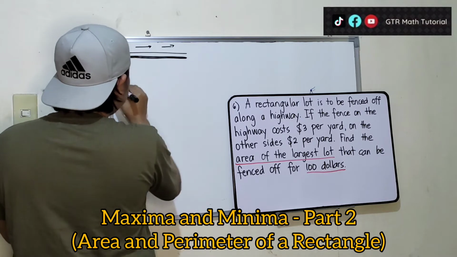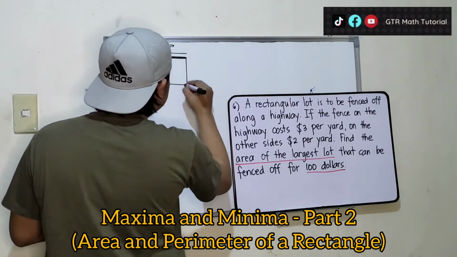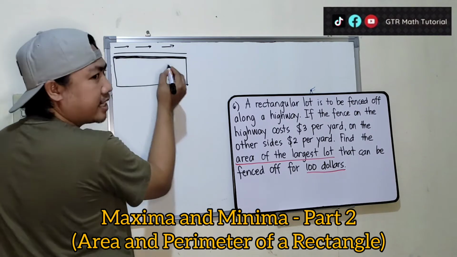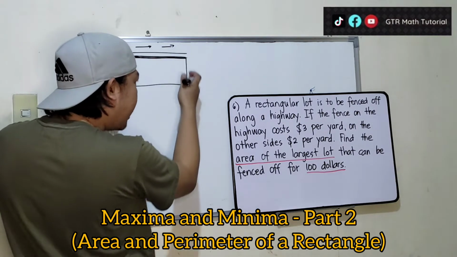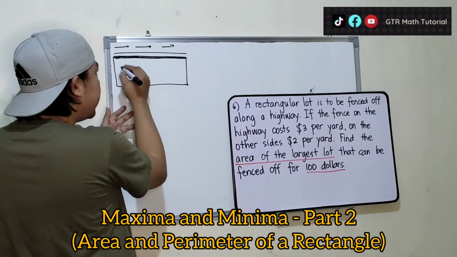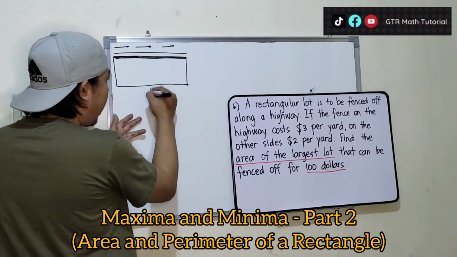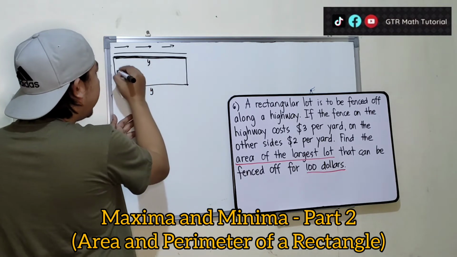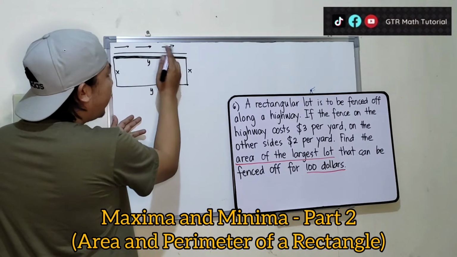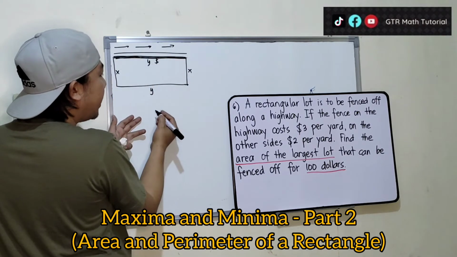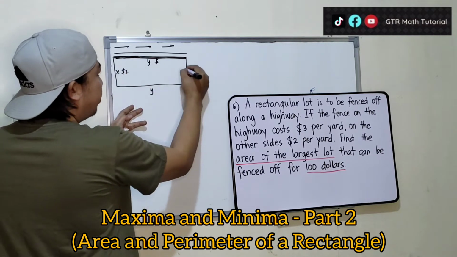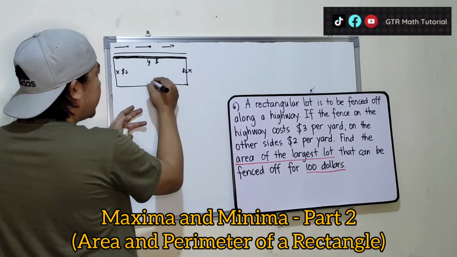On this side the cost is $3, and on the other three sides the cost is $2. Let's say this is y, this is also y, and this is x and x. So the cost along the highway is $3, and the cost for the three sides is only $2. So we have $2 here, $2, and then $2.